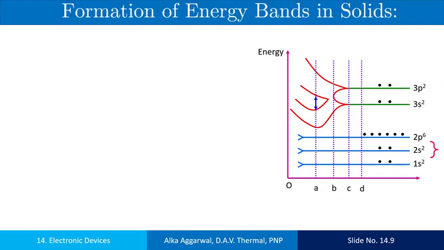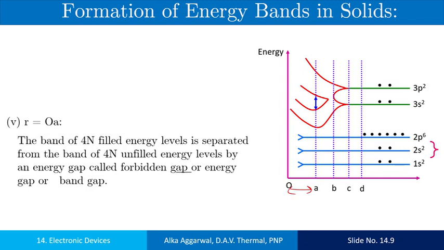When the distance between the atoms is further decreased and it is equal to the interatomic distance, then the filled bands are separated by the unfilled bands with an energy gap called forbidden band.